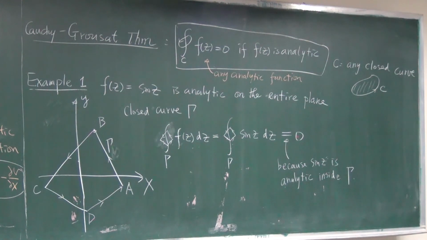So we don't need to integrate from A to B, B to C, C to D, and then D to A, because we have already proven this result. So long as this curve is closed and this function is analytic, the result of the integration is 0.